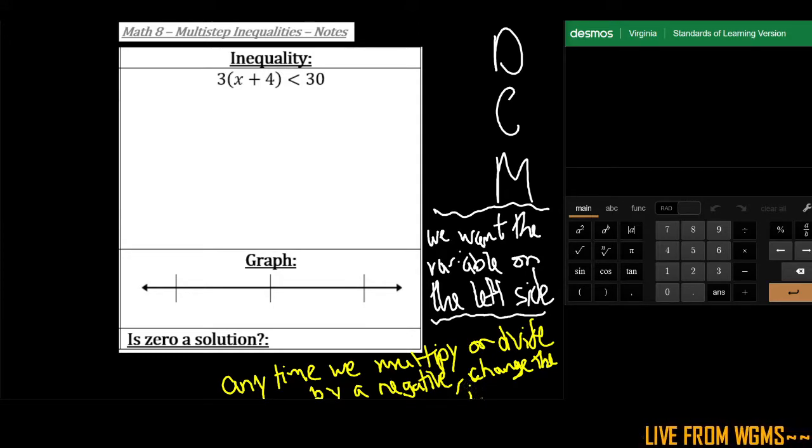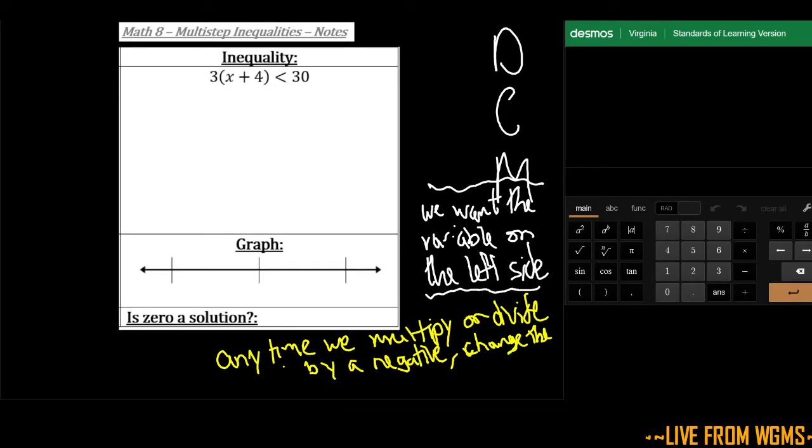Change the inequality symbol. Just some ideas to keep in our mind.